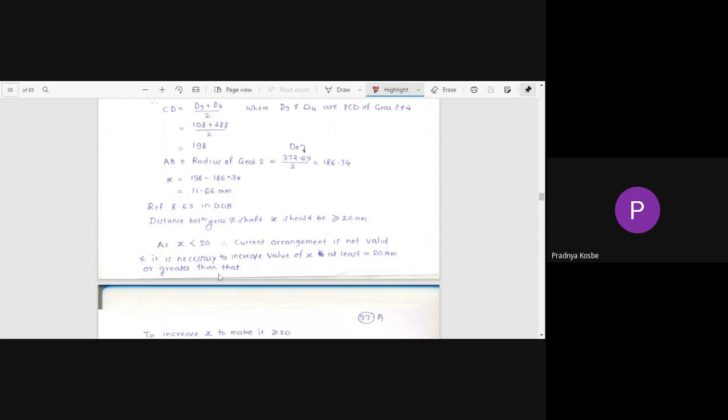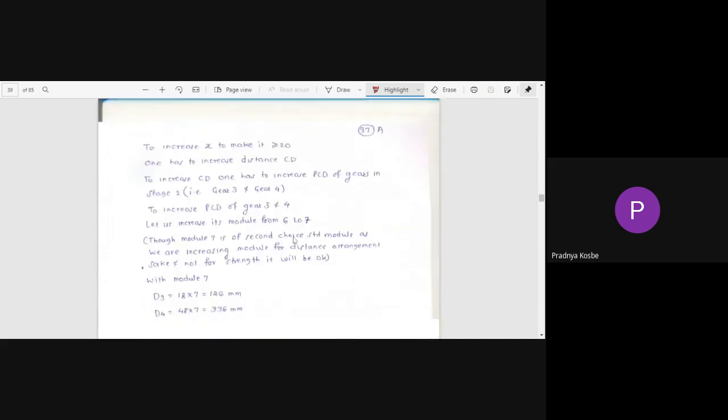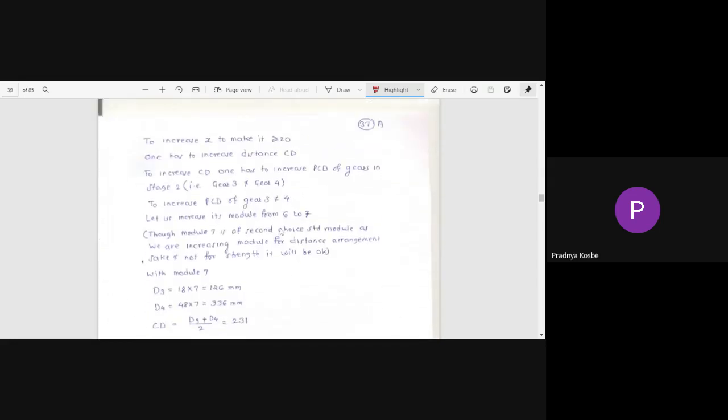So it is necessary to increase the value of X to at least 20 mm or greater. Okay. So to make X greater than or equal to 20, one has to increase the distance CD. So to increase the center distance of stage 2, one has to increase the pitch circle diameter of the gears in stage 2, that is gears 3 and 4.